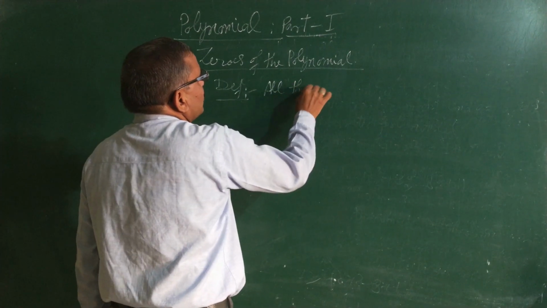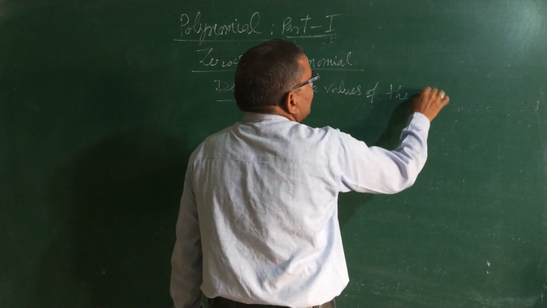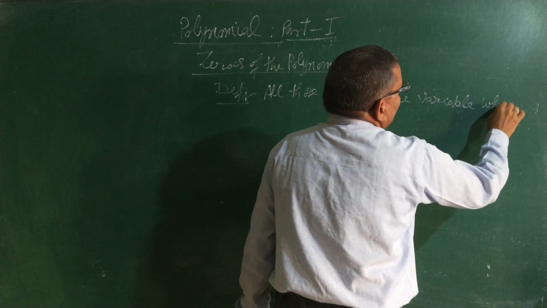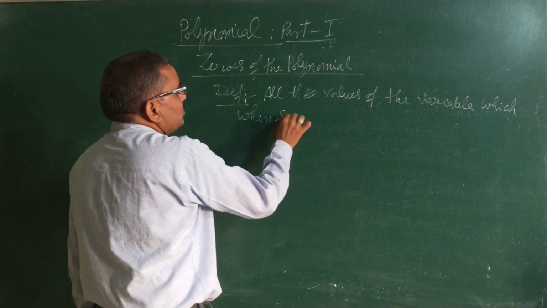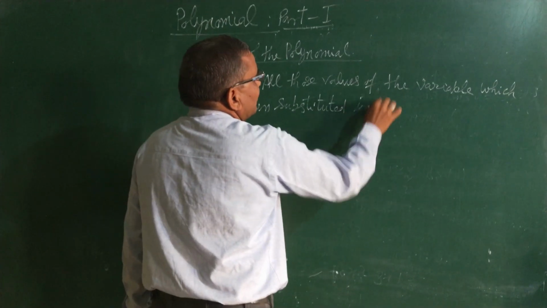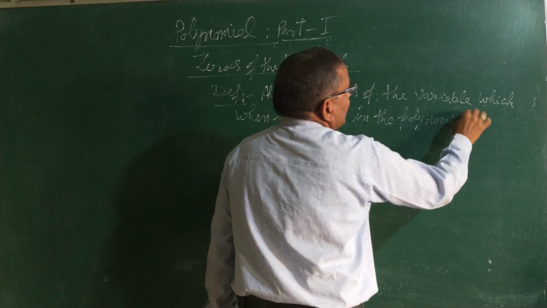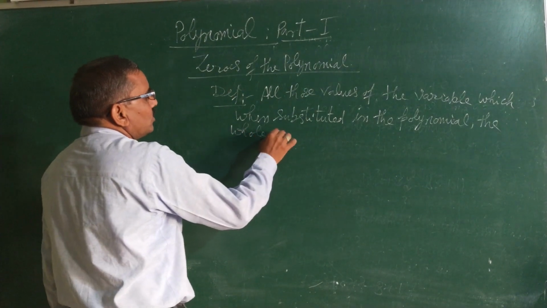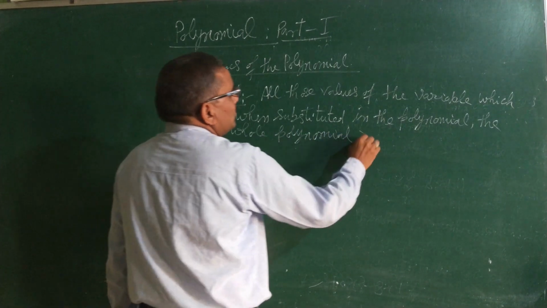All those values of the variable which, when substituted in the polynomial, the whole polynomial reduces to 0.